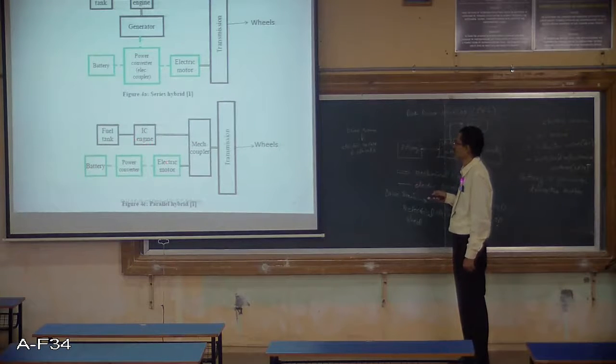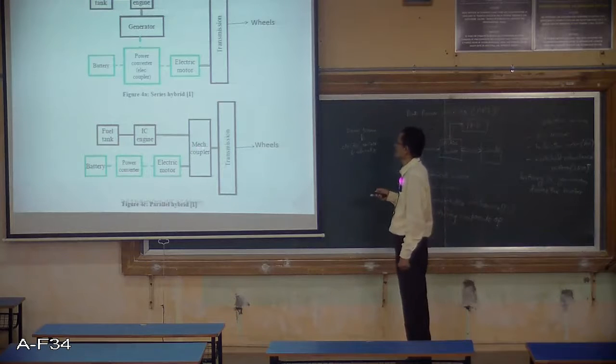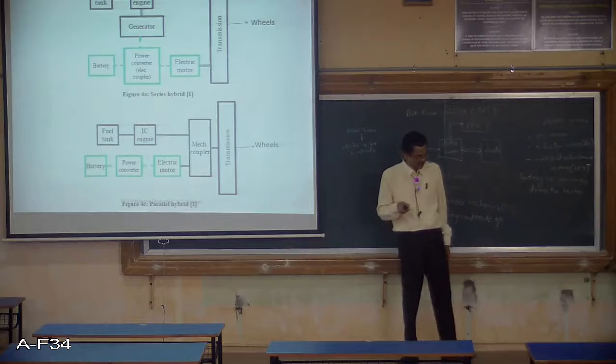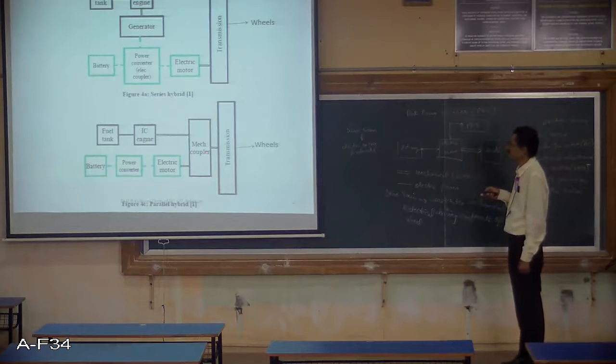So in the beginning, when the vehicle is started, the mechanical coupler will couple the wheels with the IC engine. Once it gets started and starts running, the mechanical coupler can be disconnected from the IC engine and connected to the electric motor.